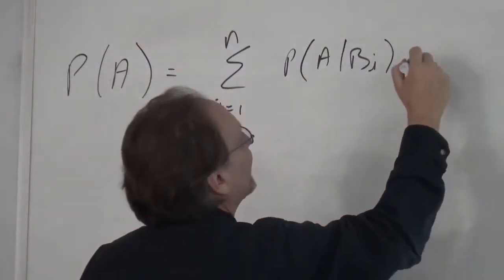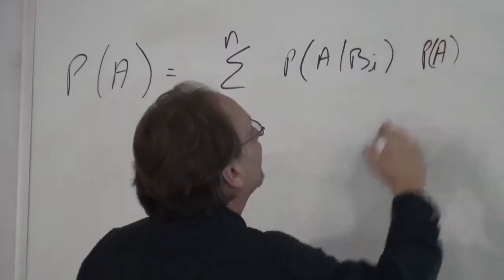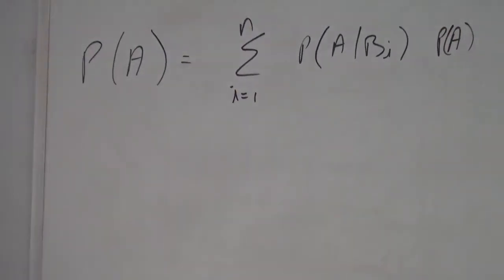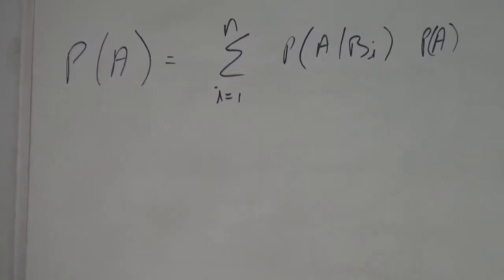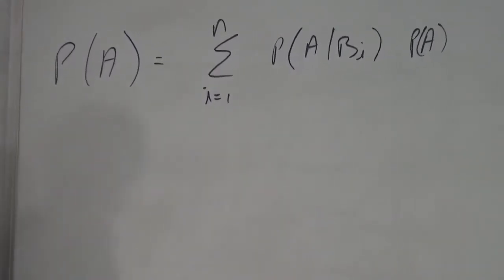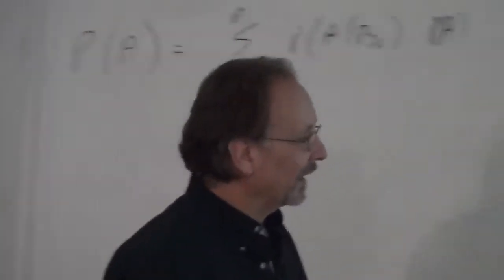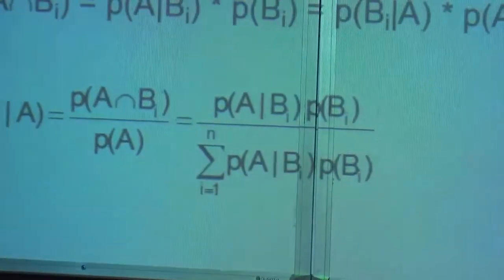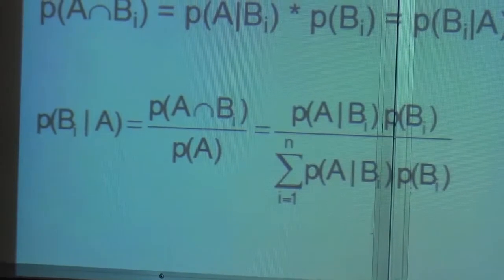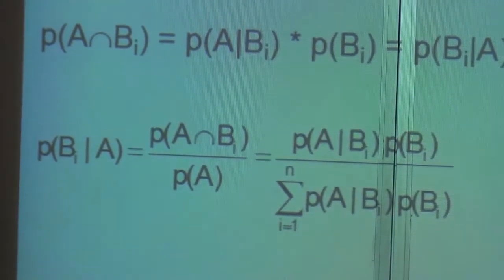Probability of A, sorry. Let me make sure I got that right. Right. Okay, because what we're looking at is this relationship right here. B sub i, that's what I thought.